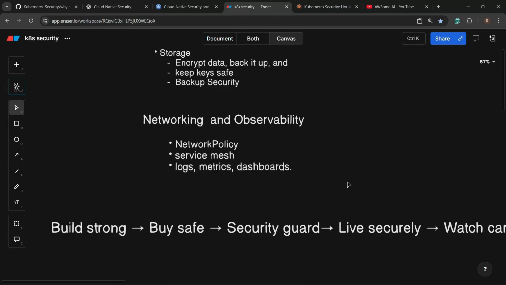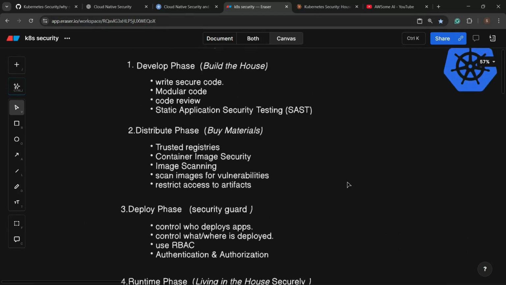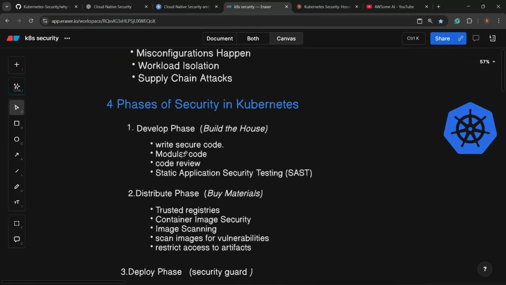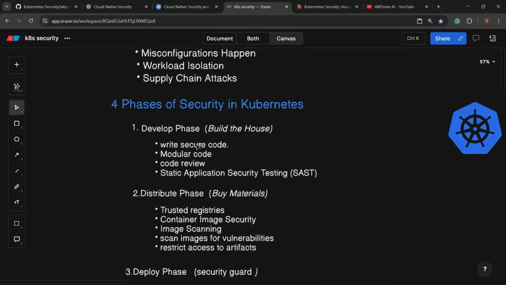Okay, now let's quickly recap what we have learned till now. The four phases are: develop phase, which is building with strong materials, that is using secure code, modular code, reviewing your code. Next is distribute phase, verifying the materials aren't tampered with, like scanning your images before using them.